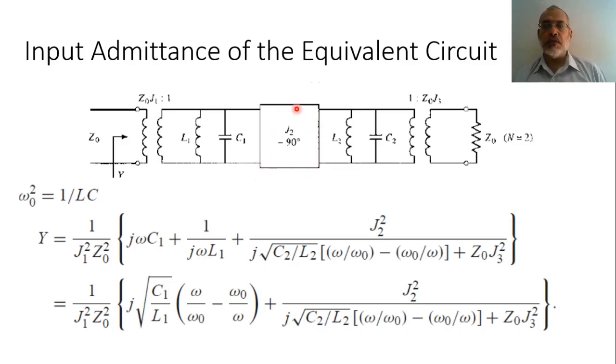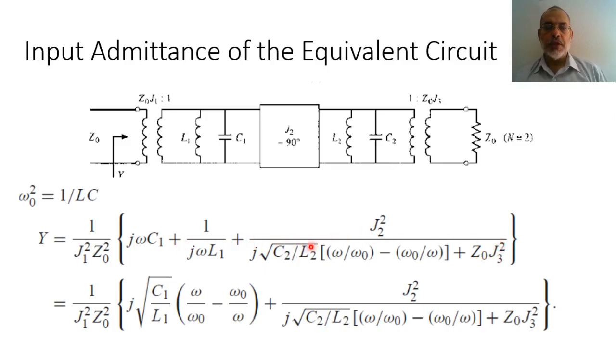The admittance seen from the second inverter is J2 squared over the admittance seen at the input of the inverter. The admittance seen at the input of the inverter was j square root C2 over L2 multiplied by omega over omega naught minus omega naught over omega, plus the admittance seen from this inverter, which is Z naught J3 squared.